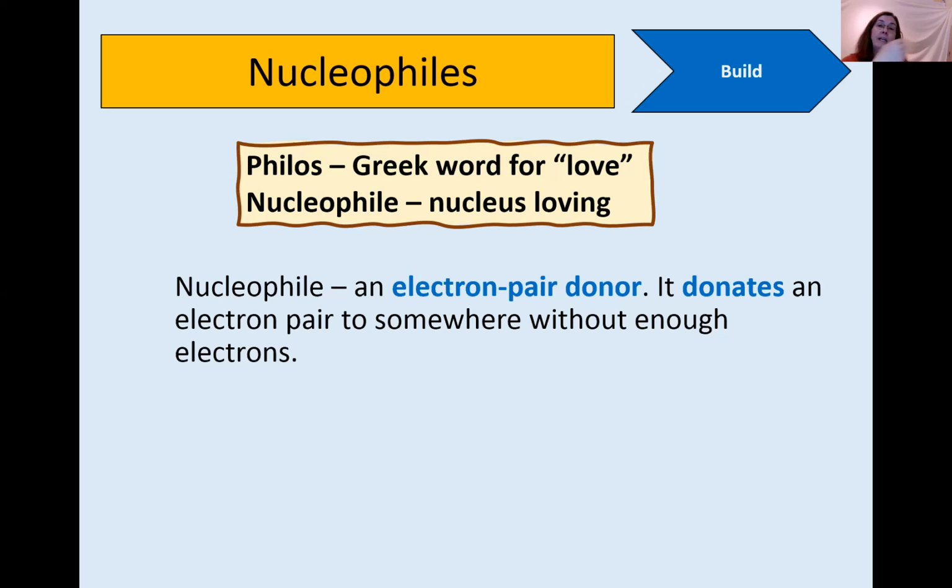Okay, so it's going to donate its electrons to something that is more positively charged. So you can think of coordinate bonds when those two electrons are donated to an area that is slightly more positively charged. It donates an electron pair to somewhere that is without enough electrons. So it's going to be slightly positively charged.